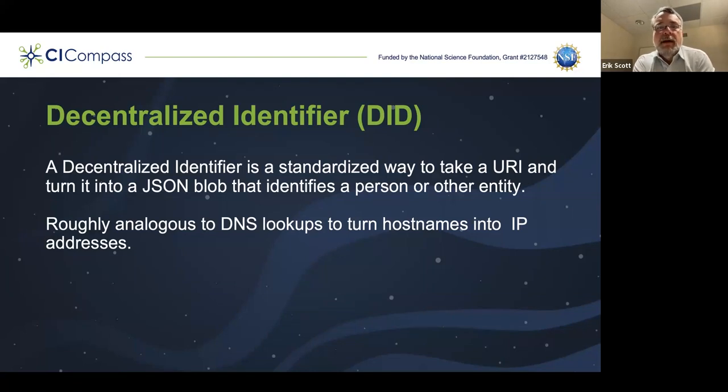We have defined in here a way of taking that string that we just saw and turning it into a JSON record that describes that entity in more detail. Think of this as like a DNS lookup, right? When we look up www.renci.org, we get 4 numbers that come back with dots between them, right?